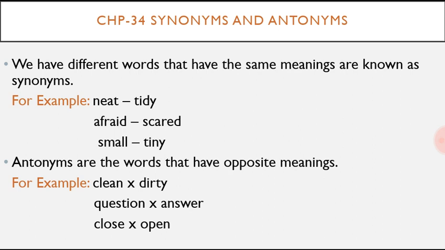So the another word for clean is tidy, that means neat and tidy. These both words' meaning is same. Now next is afraid. That means the similar word for afraid is scared. Then after small. So the synonym of small is tiny.